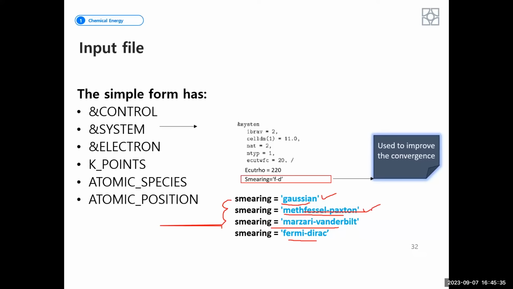It is really good for systems with a small or zero band gap. So you can understand why there are several smearing methods. Marzari-Vanderbilt is good for estimating free energies at low temperature. The last one, Fermi-Dirac, is really good for simulation at finite temperature.